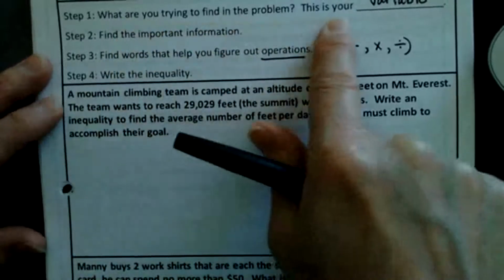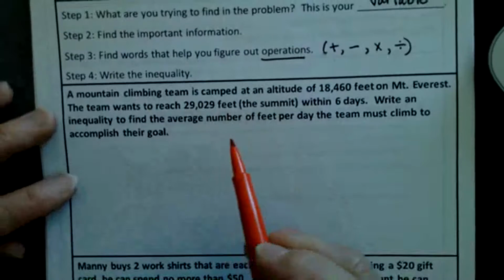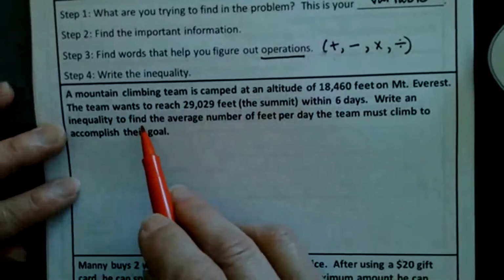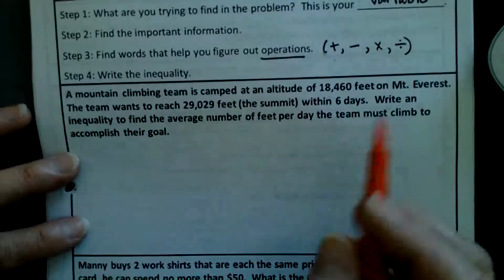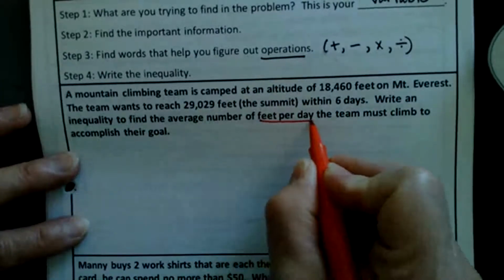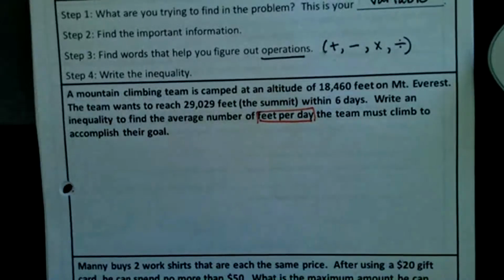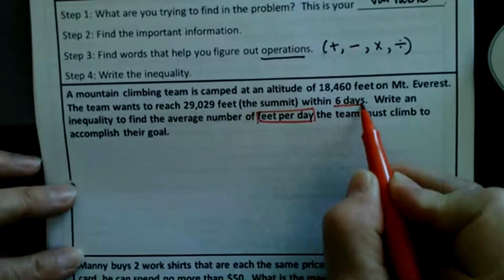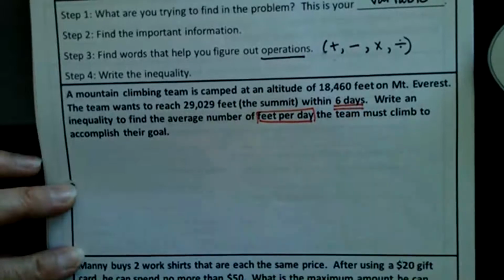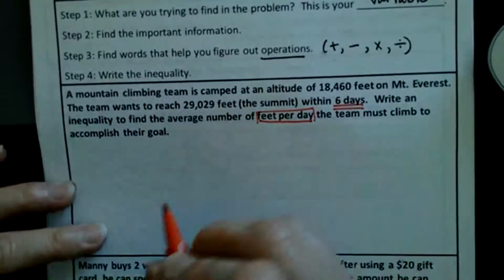Step number one, what are you trying to find? So let's figure that out. It says, find the average number of feet per day the team must climb. So we're looking for feet per day right there. The team must climb to accomplish their goal. So we're going to make a number of feet, okay?